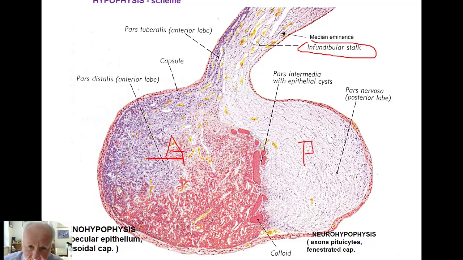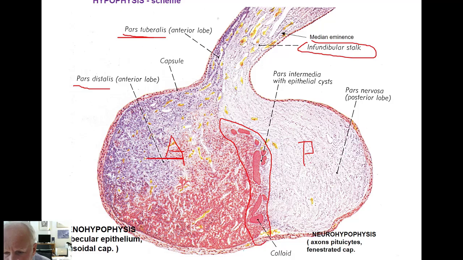The biggest and most ventral is the so-called pars distalis, so this is this part. The smaller part, which is slightly surrounding the infundibulum, is the pars tuberalis of the adenohypophysis, and this part on the, I would say, borderline between adeno- and neurohypophysis is the pars intermedia.